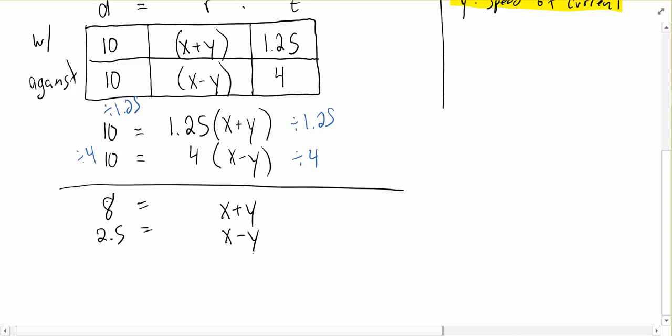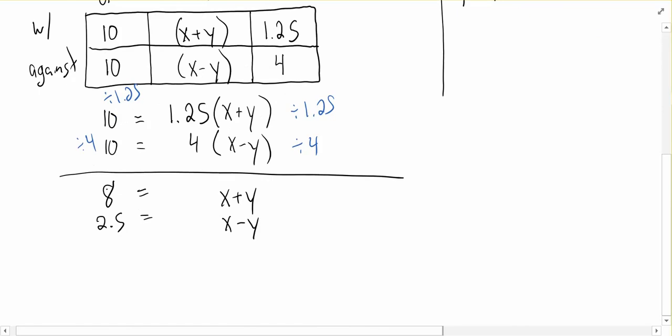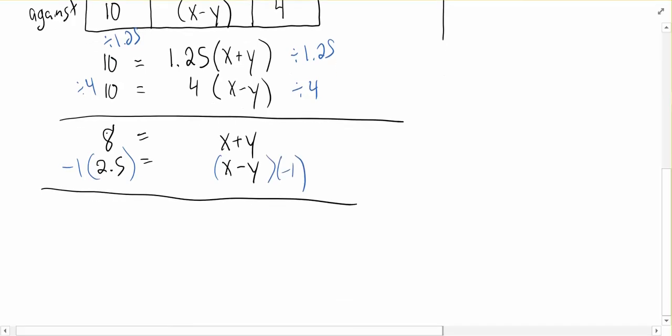Now we could go ahead and use the addition method right here, but what variable would that eliminate? The y's. And what variable am I trying to find? The y. So let's not eliminate the y's, let's eliminate the x's. So let's multiply this guy by -1, and if you saw ahead one step, you could have just divided by -4 in the first place rather than +4, but that's all right.